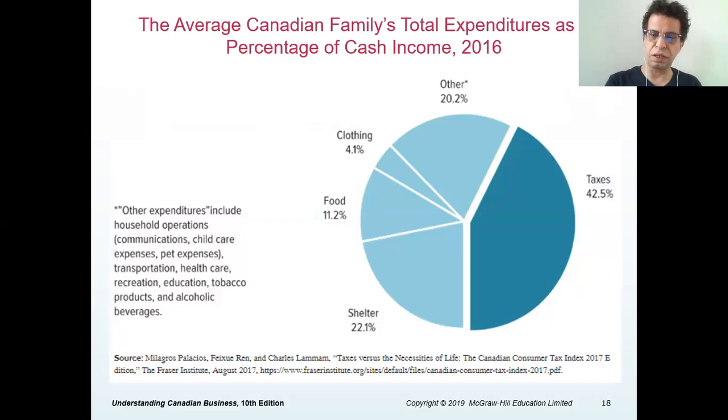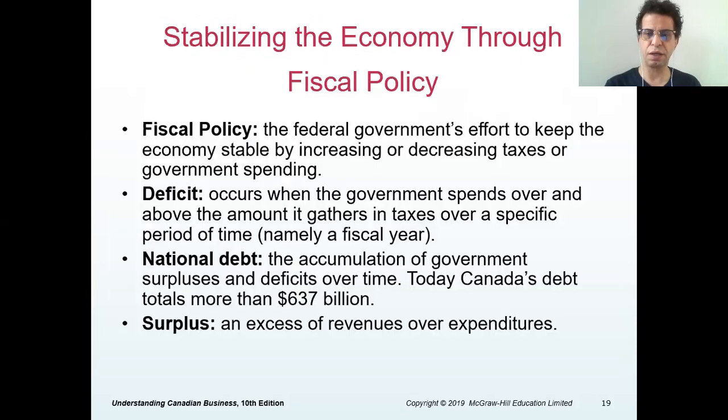And take a look at this, to try to understand how the economy works in Canada. Stabilizing the economy through fiscal policy. We heard there is a monetary policy which is run by the Bank of Canada on behalf of the government. And then you have the fiscal policy.